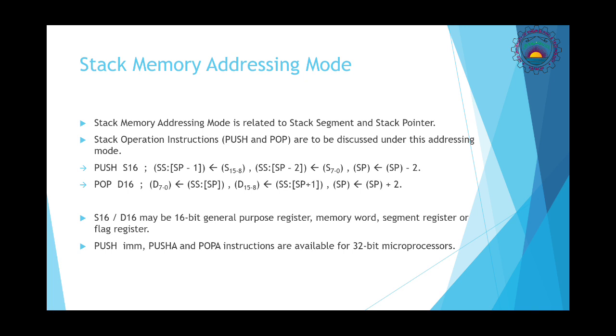And the higher byte will be retrieved from offset address SP plus 1 within stack segment, and that will be the higher byte of the destination mentioned in the pop instruction. After that, the stack pointer register will be incremented by 2, so SP will be SP plus 2.